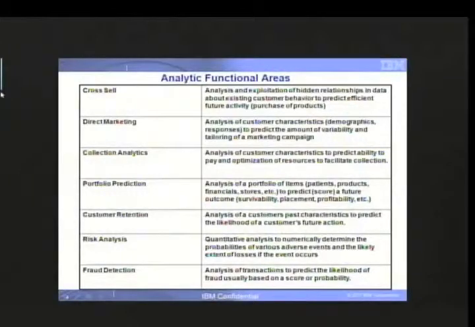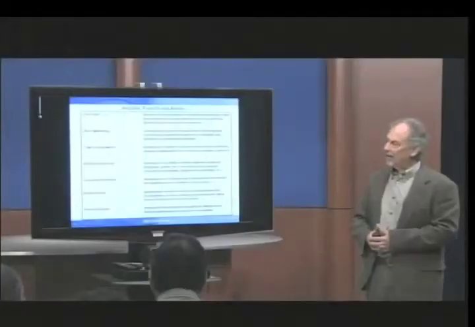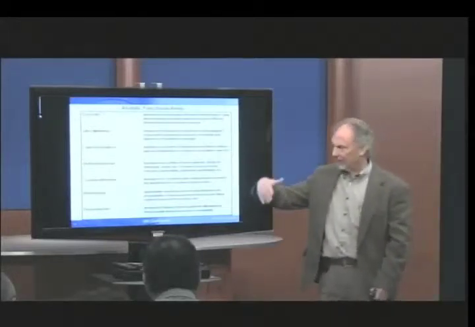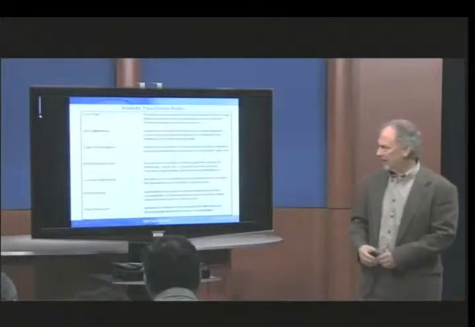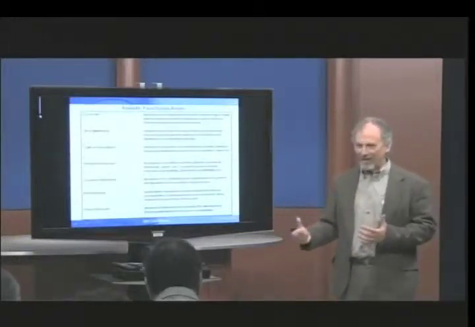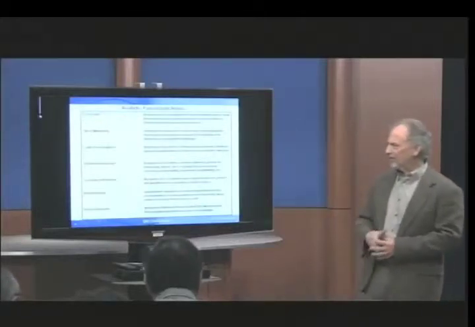So here are 7 key functional areas that we see actually in the SPSS environment where predictive analytics is used. Cross-selling, direct marketing, collection analytics, what's the possibility? Are these customers going to pay up? Are they going to default on loans?